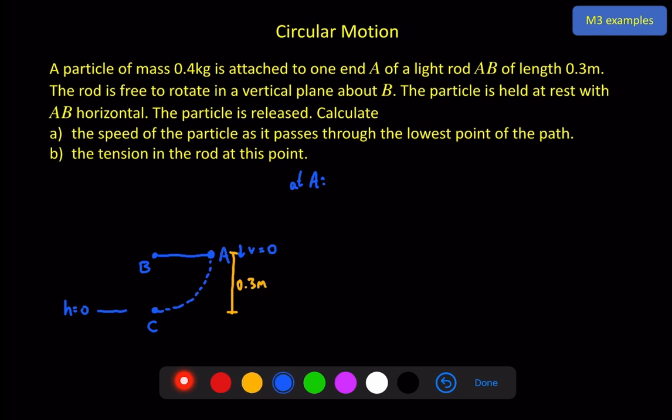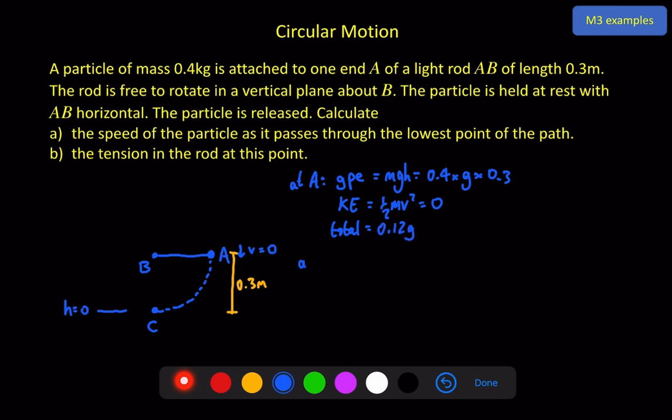So at A, my gravitational potential energy is equal to mgh, which is 0.4 times g times 0.3. My kinetic energy is a half mv squared, which is 0 at A. So my total energy in the system is 0.12 g.